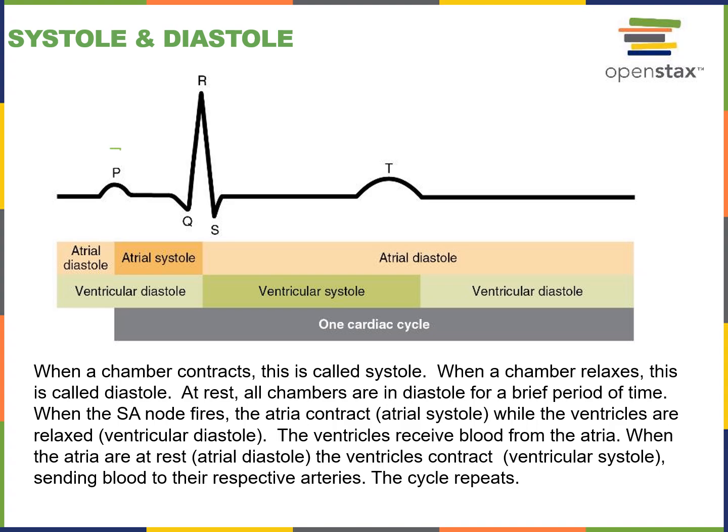So here we've got the P wave, and that tells you that the atria are about to contract, so then they contract. And so we have atrial systole. Then QRS, the ventricles are about to contract, so now we have ventricular contraction.